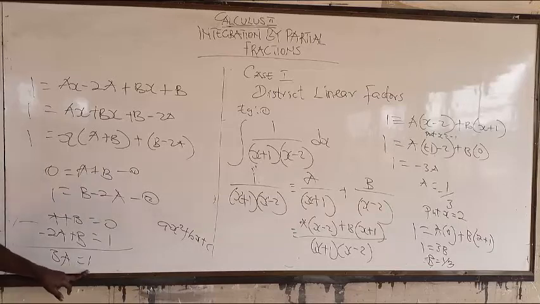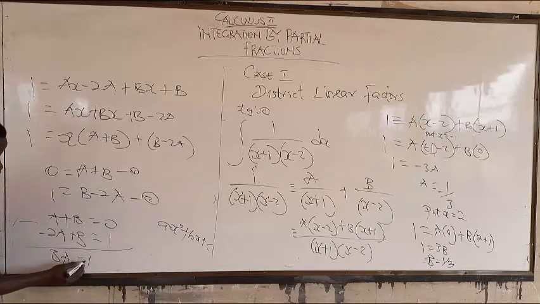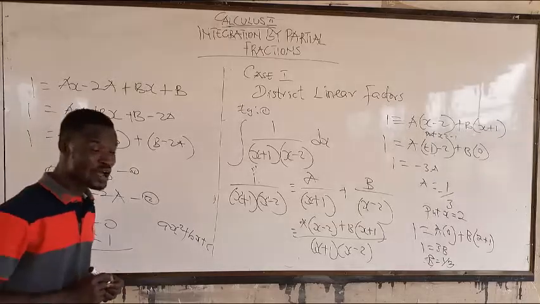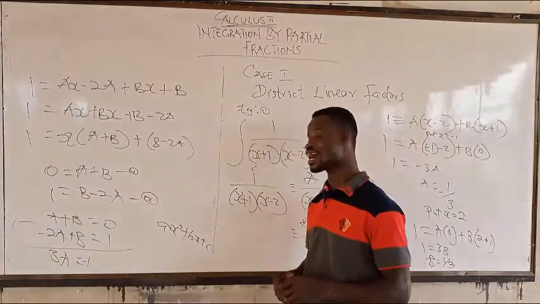Oh, alright, I can see where the mistake is coming from. Now, this one will be 0 minus 1. 0 minus 1. So here is going to be negative. Alright. In fact, it's a method and it has to work.